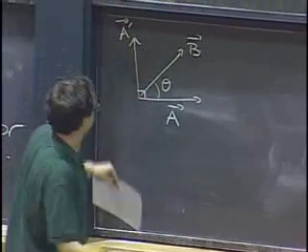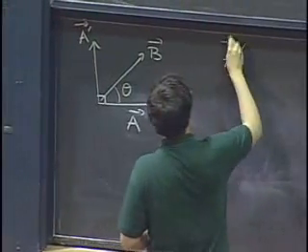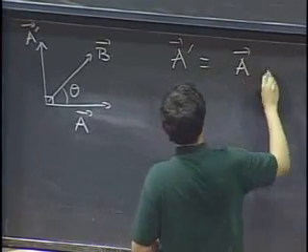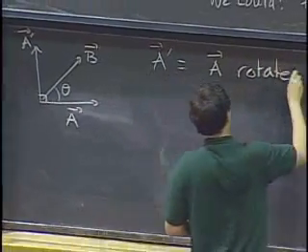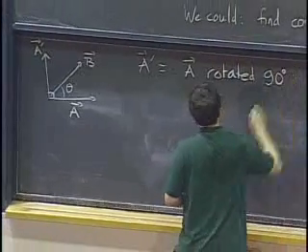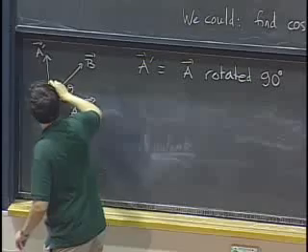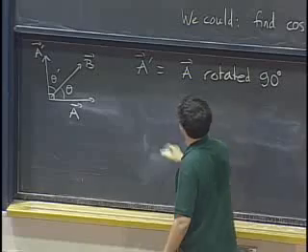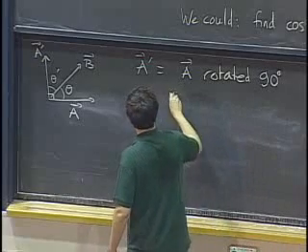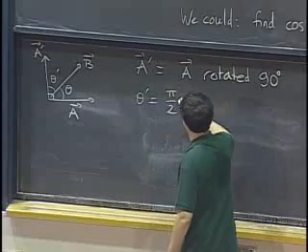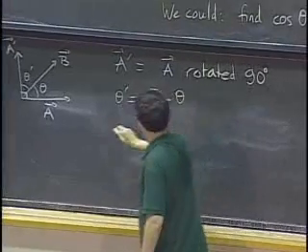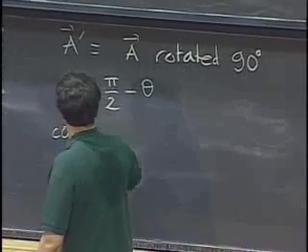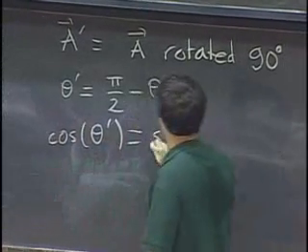So A prime is just A rotated by 90 degrees. Then the angle between these two, let's say theta prime, is 90 degrees or pi over 2 radians minus theta. So in particular, cosine of theta prime is equal to sine of theta.